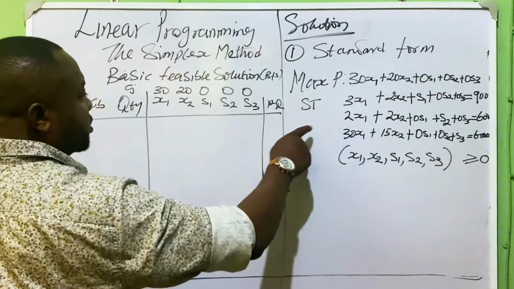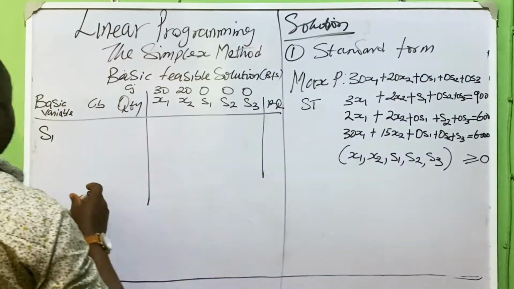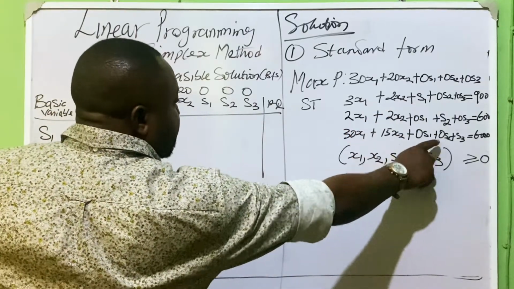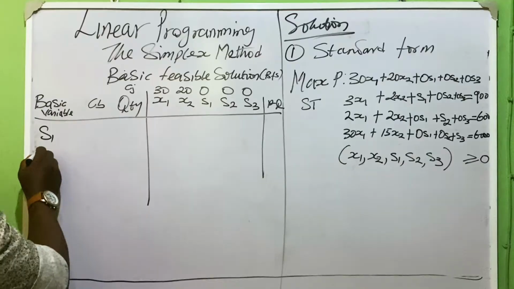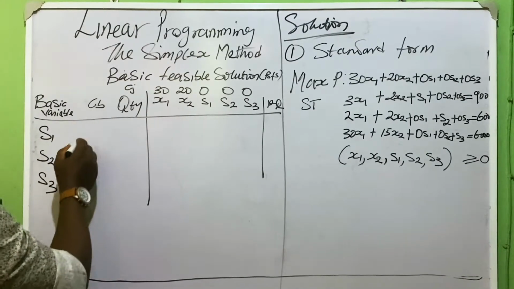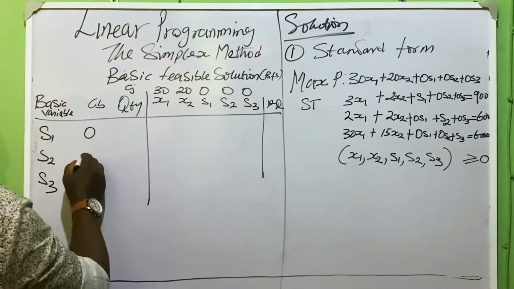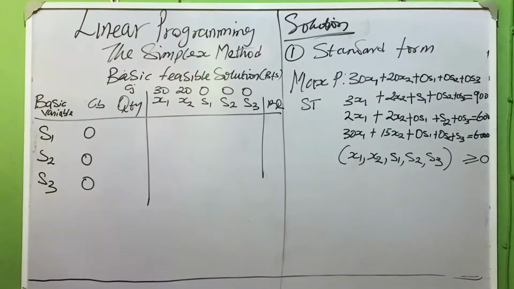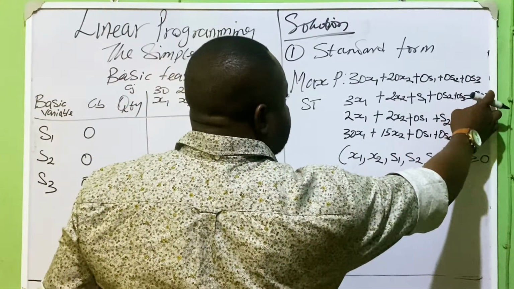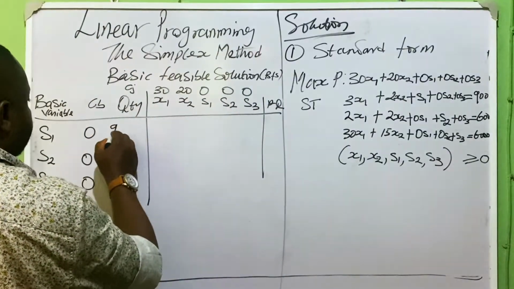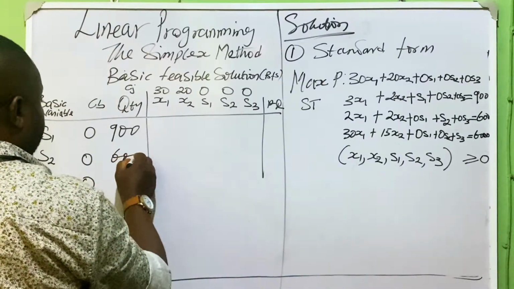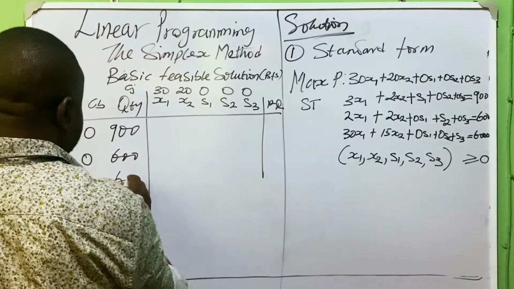So we have s1, s2, and s3 to represent structural constraints 1, 2, and 3, at zero production level. Of course, their contribution is 0, 0, and 0, and the associated resource availability will be 900, 600, and 6,000.